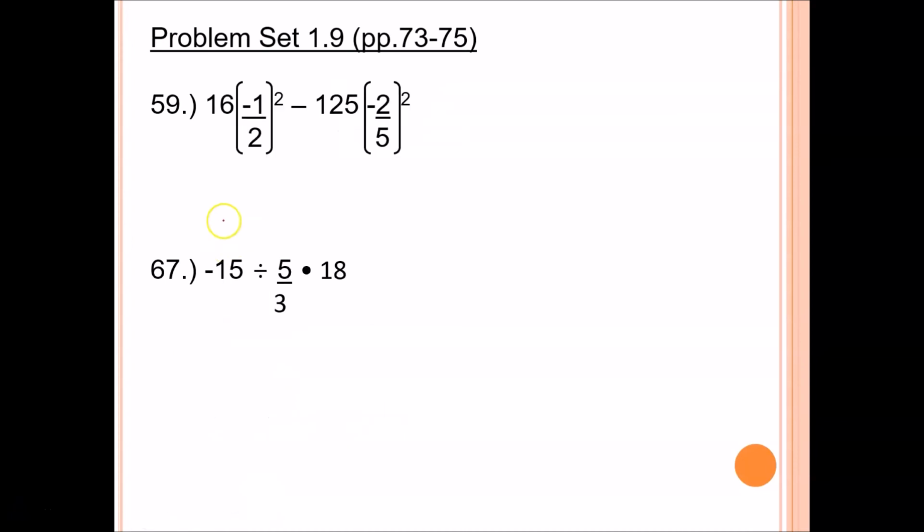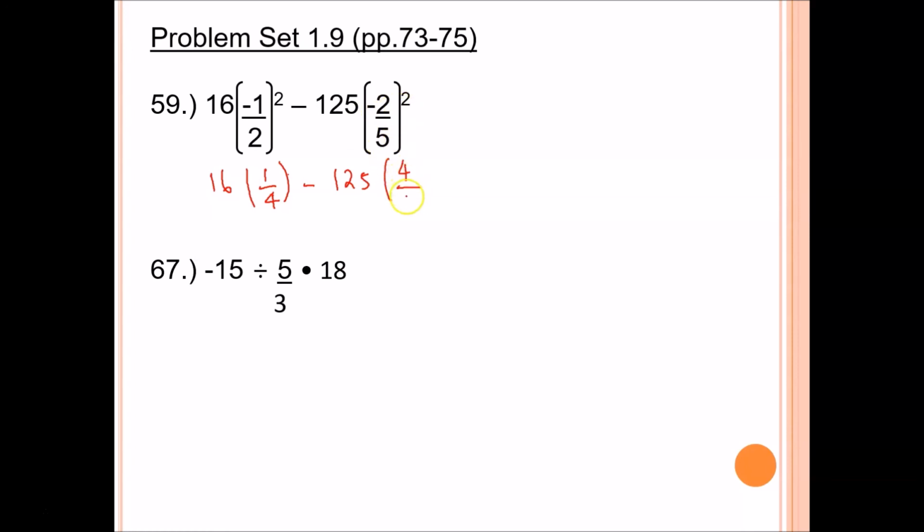Okay, 59. We'll just simplify 16. And then what is 1/2 squared? Negative will give us positive. So that will be 1/4 minus 1/25 times negative 2 times negative 2 is 4.